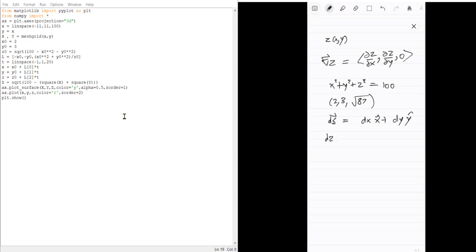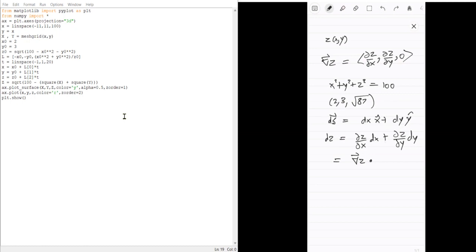So your dz is just given by partial z upon partial x times dx plus partial z upon partial y times dy. This is from the chain rule for multiple variable functions. And this is, of course, just the gradient of z dotted with this vector.